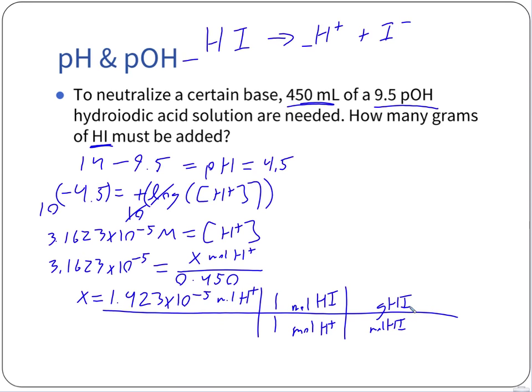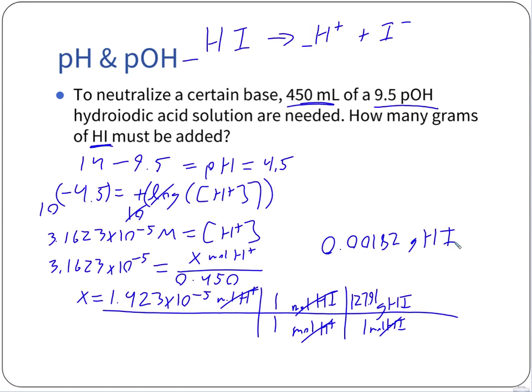Iodine is 126.9 plus hydrogen 1.01, so 127.91 in 1 mole. So moles H plus are canceled, moles hydroiodic acid are canceled. Do the math on this one, and it ends up being 0.00182 grams of hydroiodic acid.